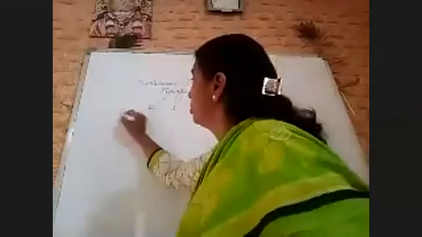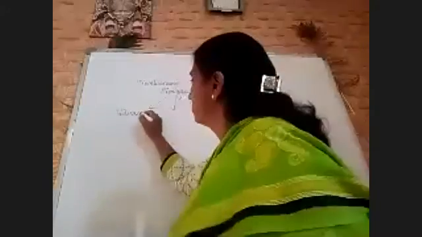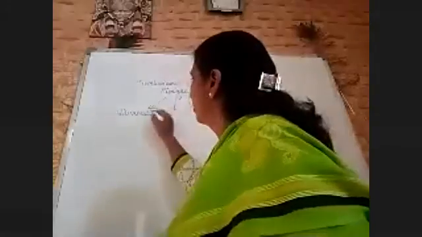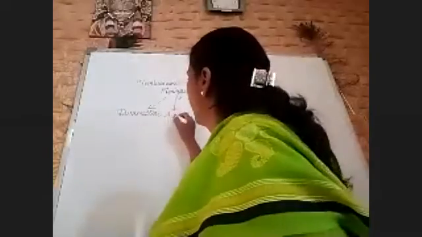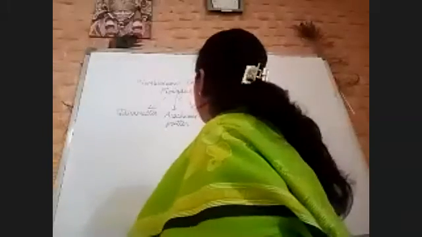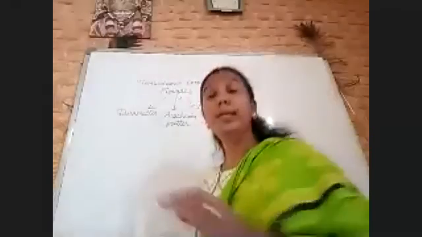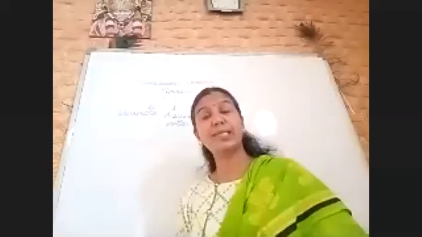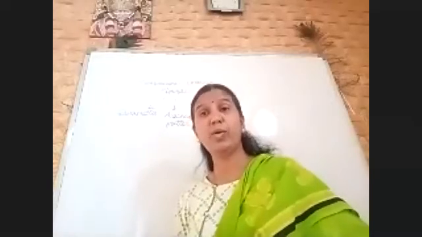One is dura mater, second is arachnoid mater, and the third one is pia mater. So these 3 meninges are present in our brain and spinal cord.